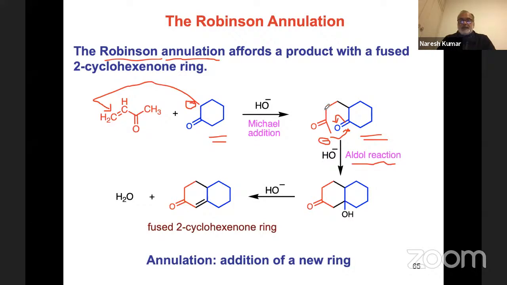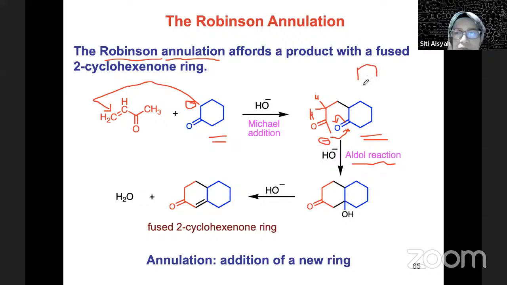There are a few other places where the proton can be removed. For example, you have a CH2 on this side as well. And you could say, why don't we remove this proton rather than the proton over here? So if I remove this proton, I just draw the structure again at the top.